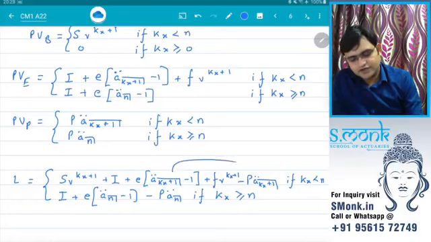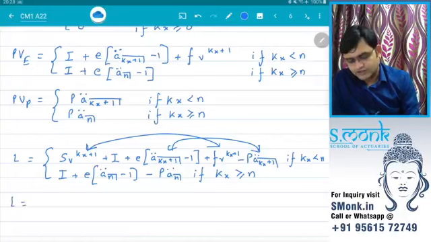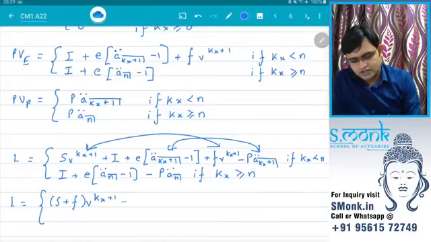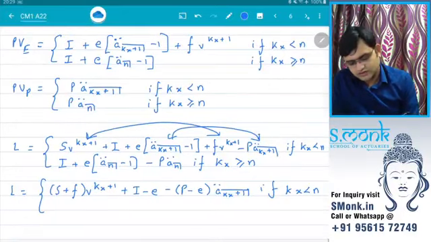You can simplify it, you can add these two, and make it simplified. So I will simplify it. I have s plus f v raised to kx plus 1, then I minus e, or I'll say minus P minus e a due kx plus 1 if kx is less than n, and again I will add these two.